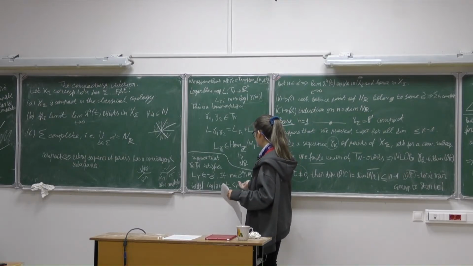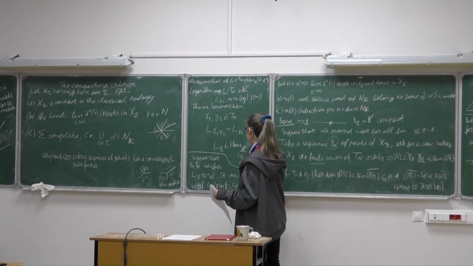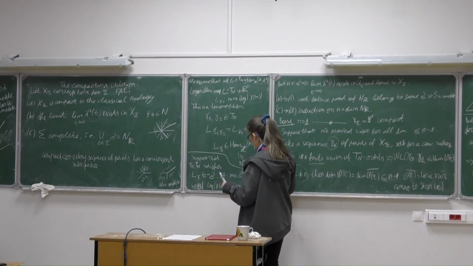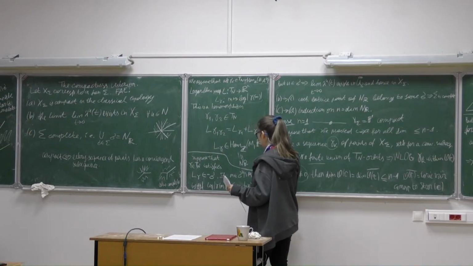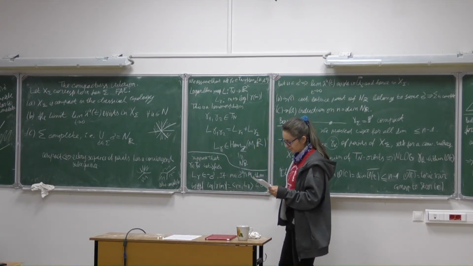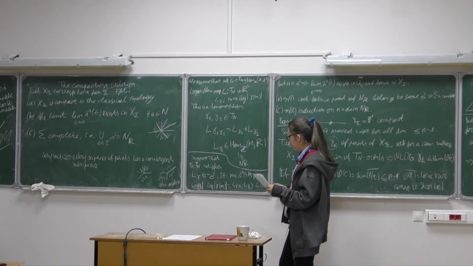We have m from sigma dual and L gamma from minus sigma. Then this is non-negative for each m from this. This is not the end.